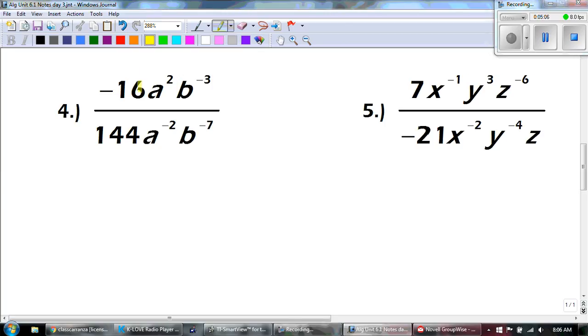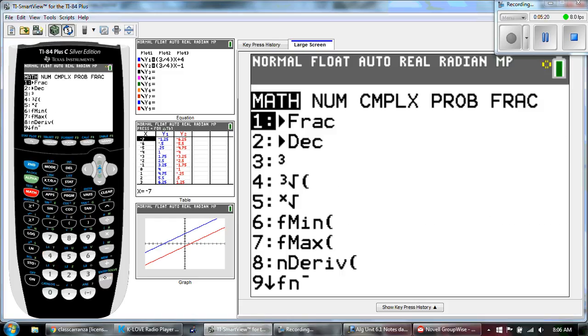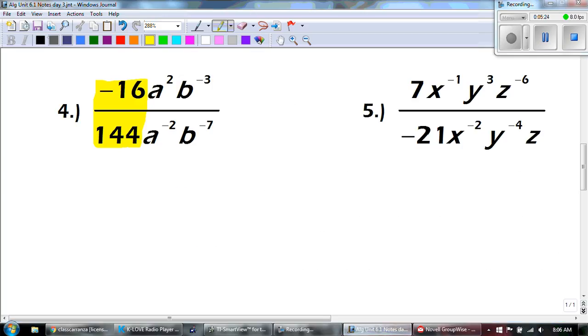Number 4. The first thing that I notice is the fraction right here. And I want to take care of that first. So all I'm doing is plugging it into my calculator, negative 16 over 144, math, enter, enter, and I get negative 1/9. So as I start to set this up, I have negative 1 on the top, 9 on the bottom.